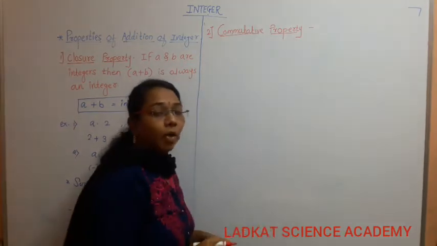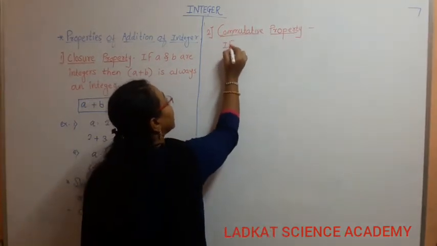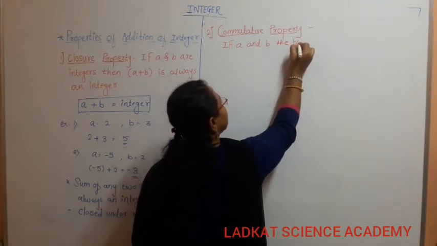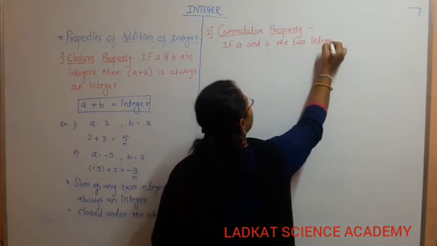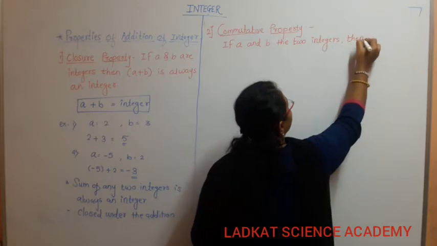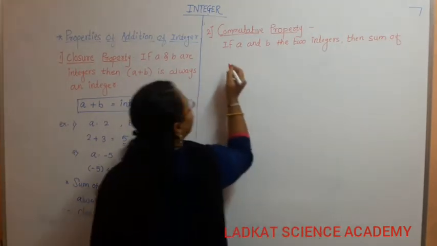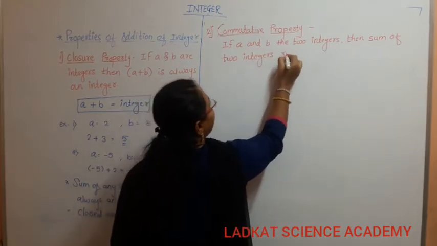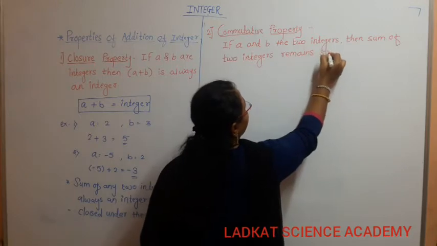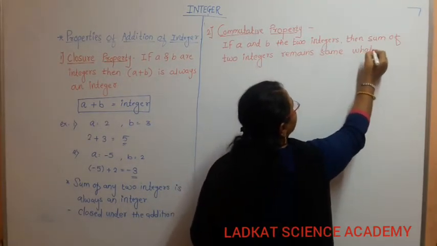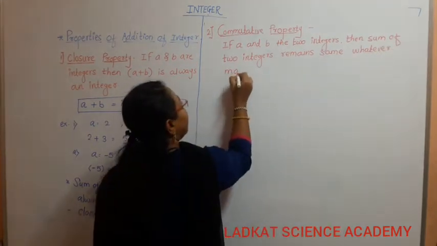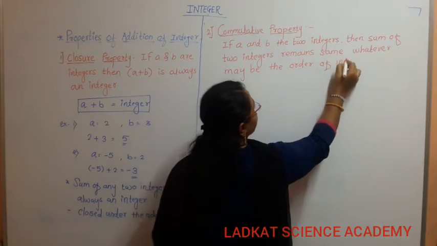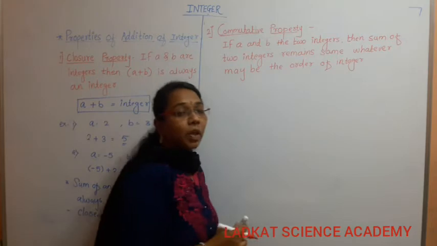In that, first we will see the statement of the commutative property: if A and B are the two integers, then the sum of two integers remains same, whatever may be the order of the integers. This is the statement of the commutative property.